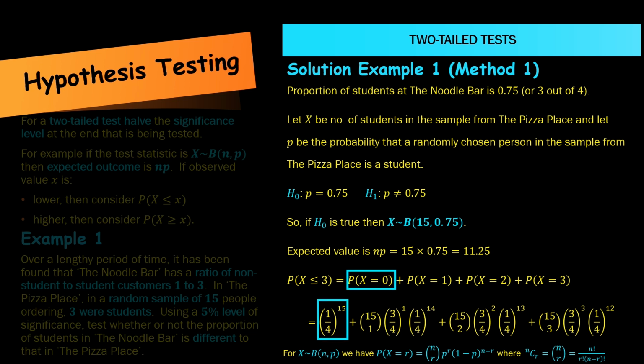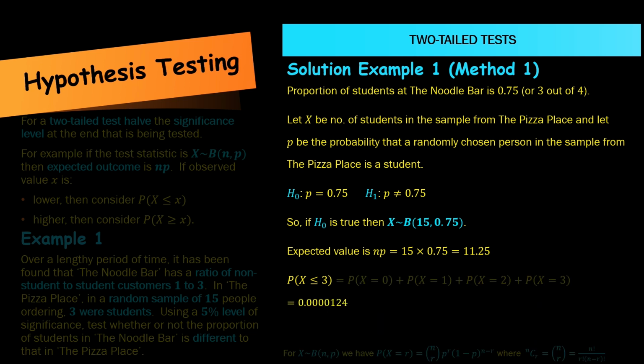So here's the probability for X equals 0, and for X equals 1, for X equals 2, and for X equals 3. Of course, we've simply applied the formula at the bottom of the screen. And so the probability that X is less than or equal to 3 is equal to 0.0000124 to 3 significant figures.